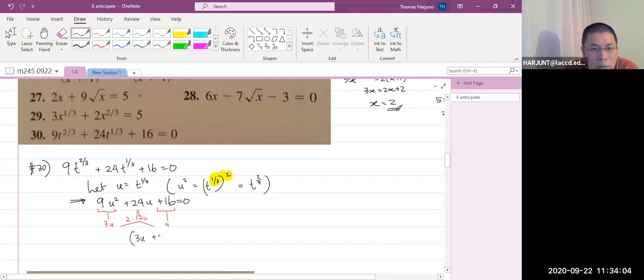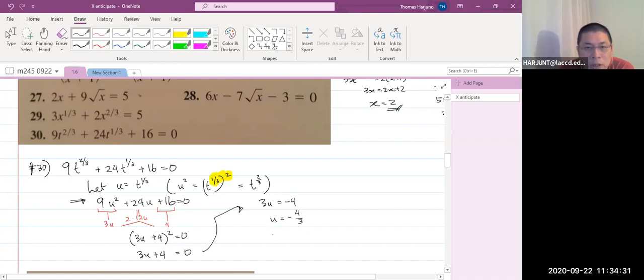3u plus 4, squared, equals 0, which means 3u plus 4 equals 0, right? If something squared equals 0, then that thing must be 0. So 3u equals negative 4, u equals negative 4 over 3. But we are not done yet.